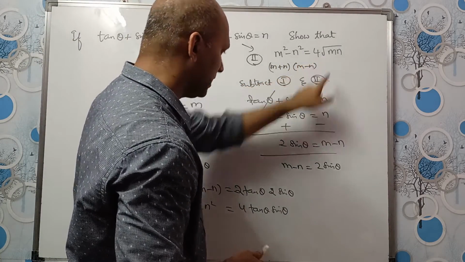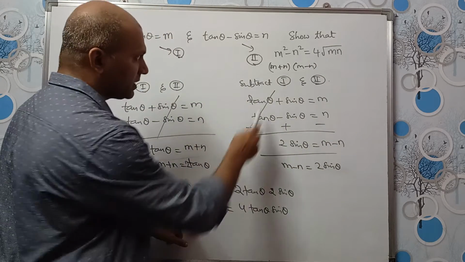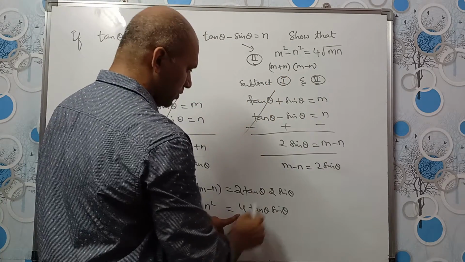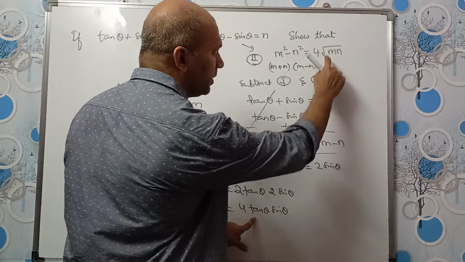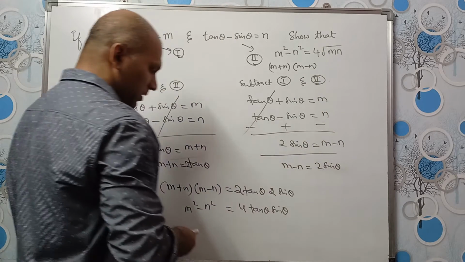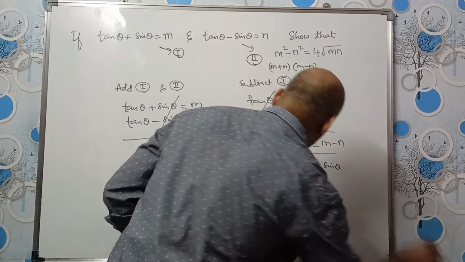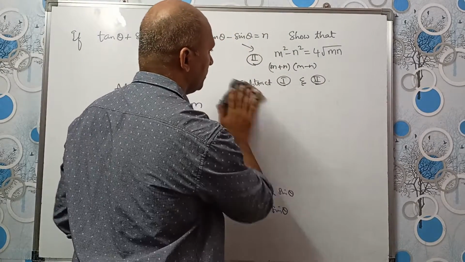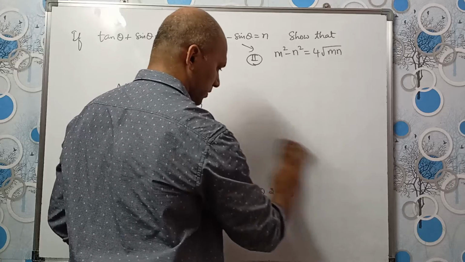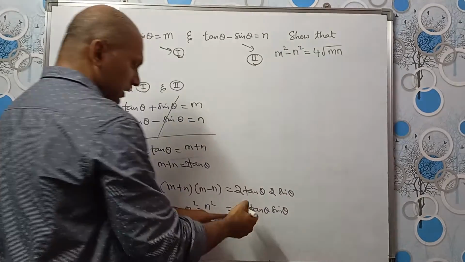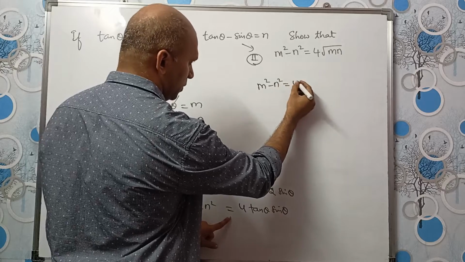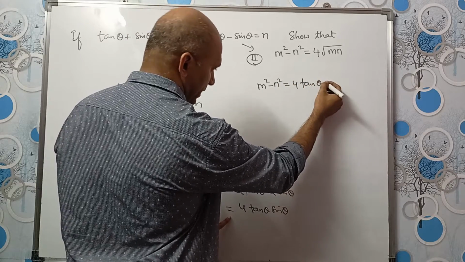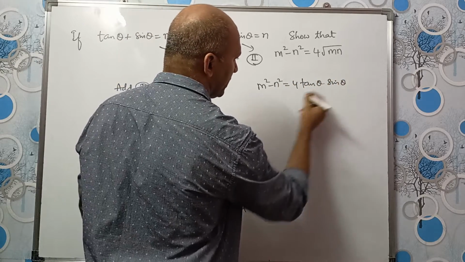We need root mn here. See, m square minus n square is equal to 4 is there. So here this tan theta sin theta should be root mn. Okay. So how should we prove that? Now see here, we have m square minus n square is equal to 4 tan theta multiplied by sin theta.